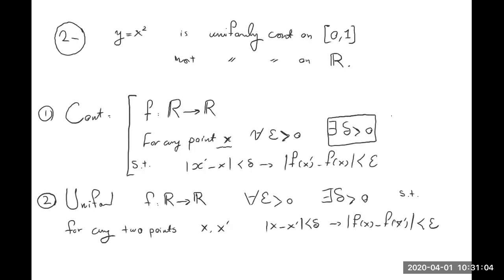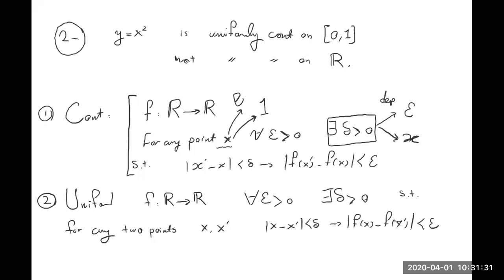It depends on epsilon, but it also depends on the given point x. Delta is not independent of x. What I mean is that if, for example, this point x is 0, this delta is going to be something. If this point is another point 1, this delta is going to be something else.